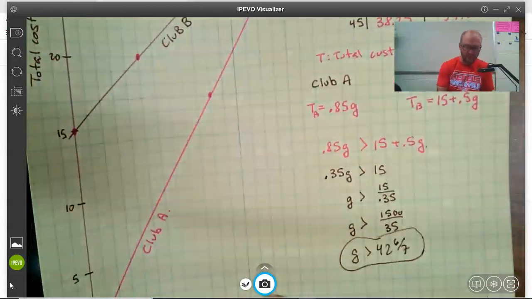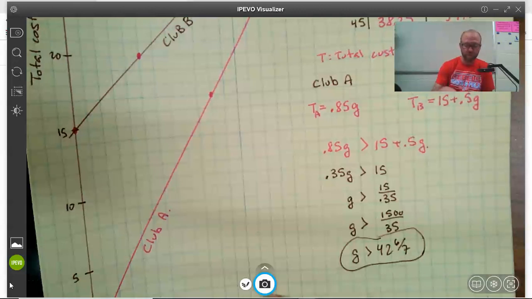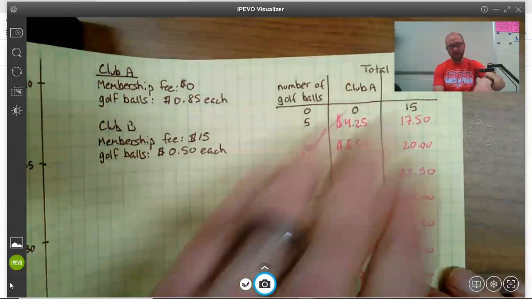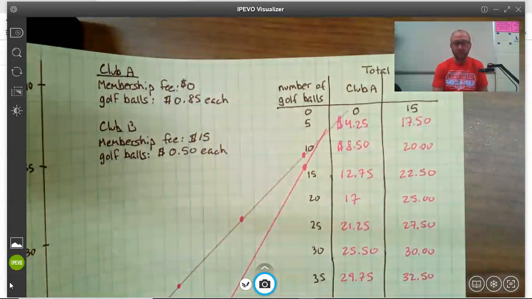Okay, since I can't buy 6/7 of a golf ball, then 43 golf balls is our cutoff, which is seemingly in line with what we thought. So again, for the two costs, first of all, I started out by making a table of values just to investigate what the two clubs cost.